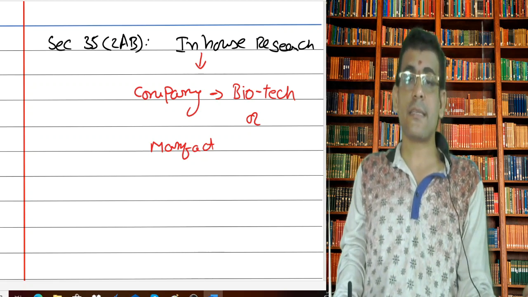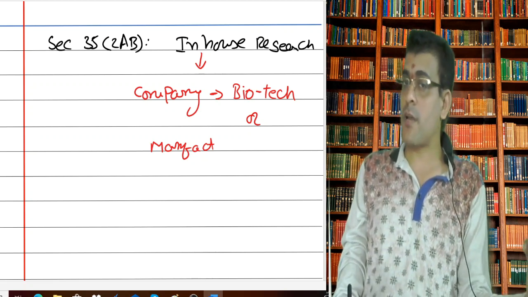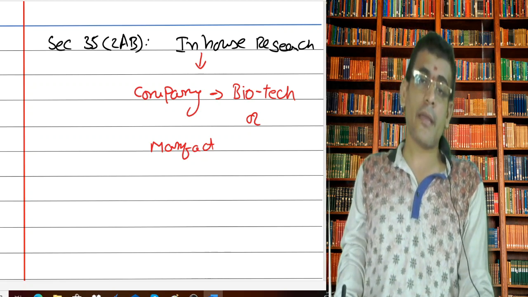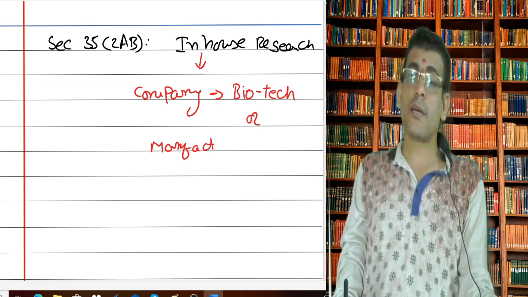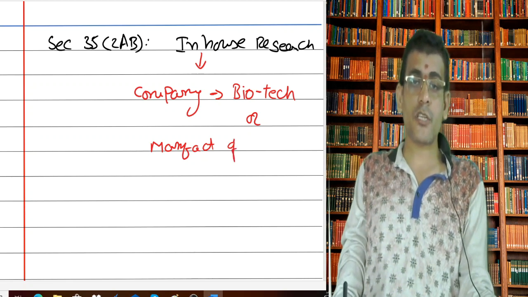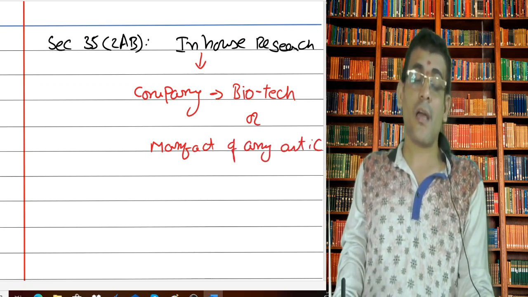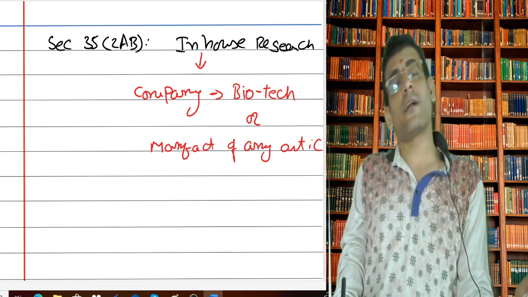So what the act says here: first of all you should be a company, and the company may be engaged either in biotechnology or in manufacture of any article other than the article specified in 11th schedule.